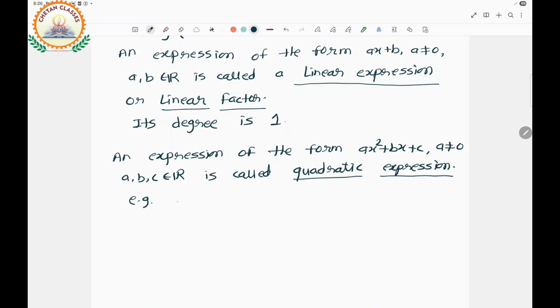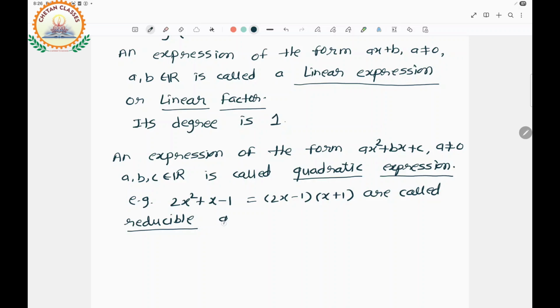For example, 2x square plus x minus 1. So here highest power of x is 2, so it is quadratic expression, and if we find the factors of this equation, then we get 2x minus 1 into x plus 1, called reducible quadratic expression.